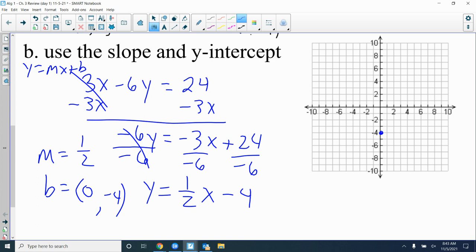How do you attach a 1/2 slope to that? What's slope again? Rise over what? So I'm going to go up 1, 2 to the right. Up 1, 2 to the right.